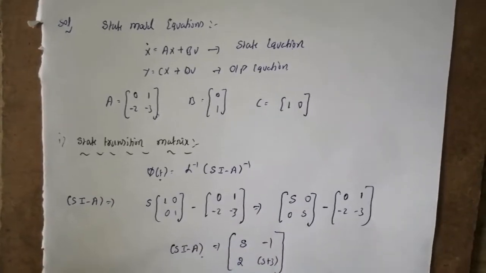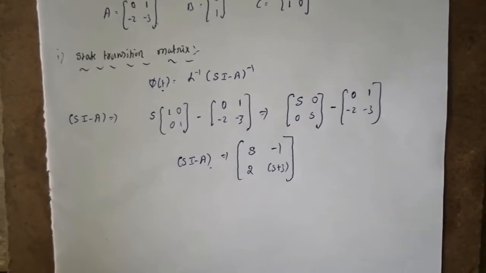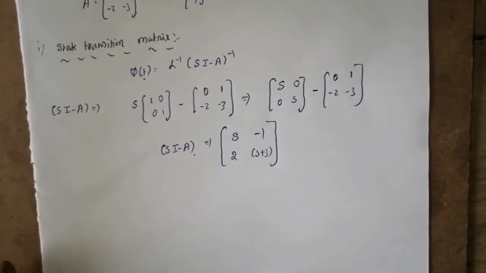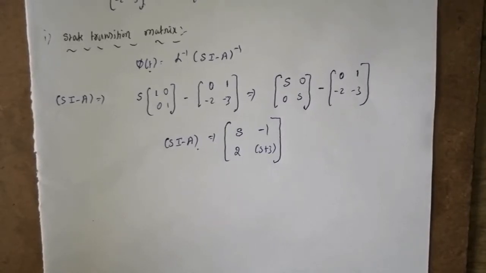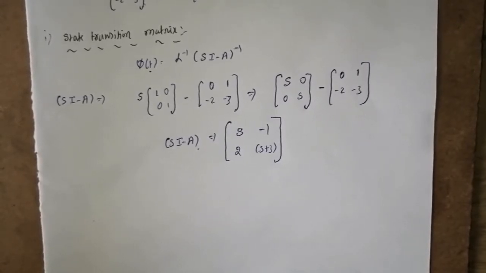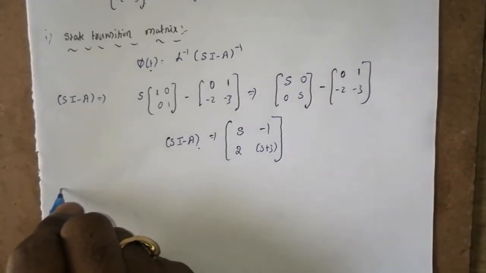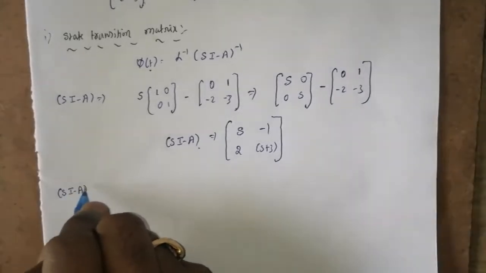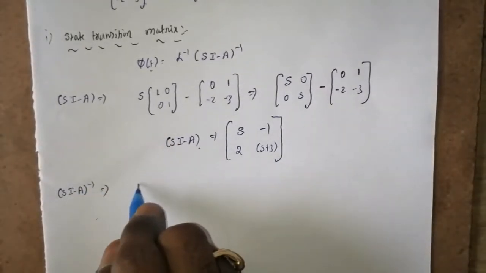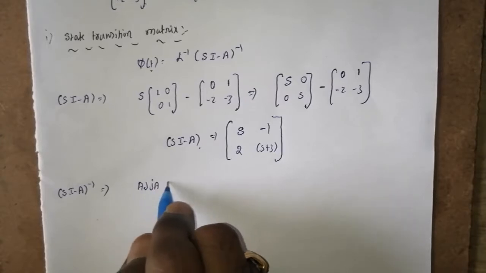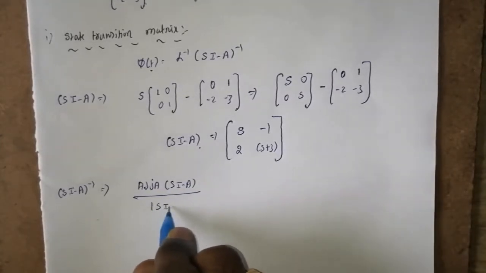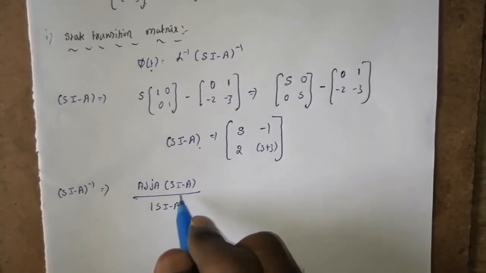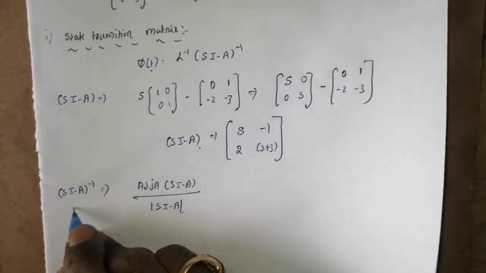Now we have to find the inverse of sI minus A. You are already aware of how to find the inverse of a matrix: it is the adjoint of that matrix divided by the determinant of that matrix. So (sI minus A) inverse is given by the adjoint of (sI minus A) divided by the determinant of (sI minus A). If we solve the numerator and denominator, we can obtain (sI minus A) inverse.